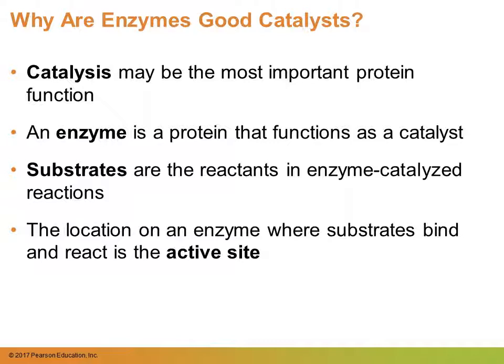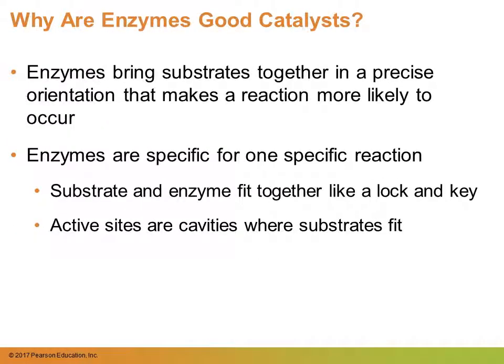Substrates are reactants, and they fit inside an enzyme in the active site. Enzymes bring substrates together in a precise orientation, and that makes the reaction more likely to occur. Isn't this another way of saying that it speeds up the reaction?